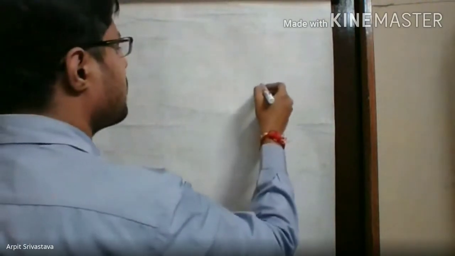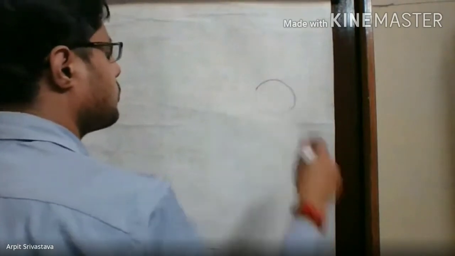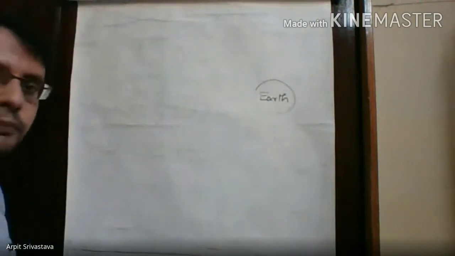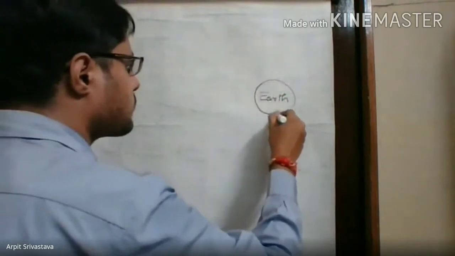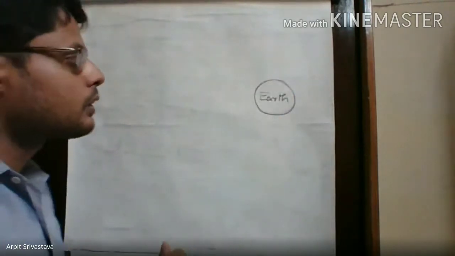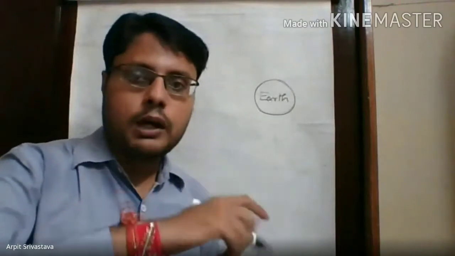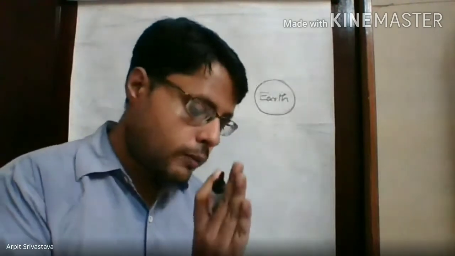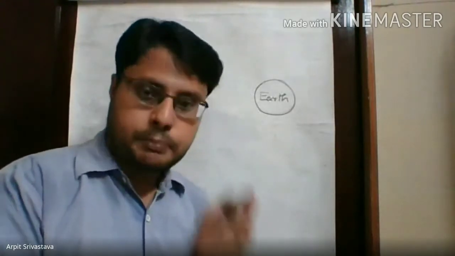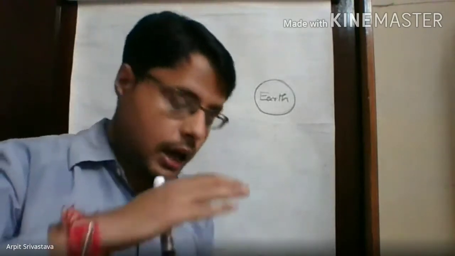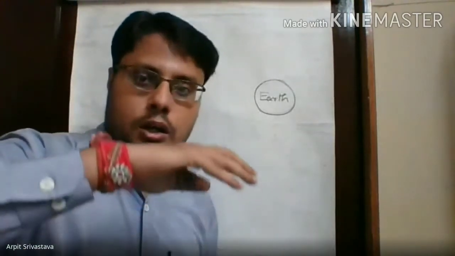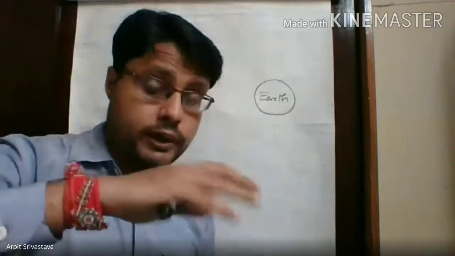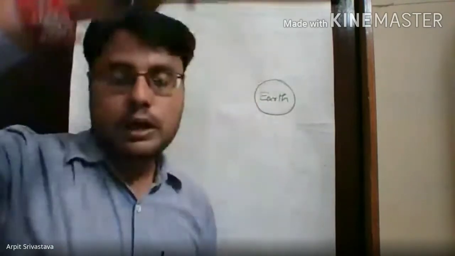Suppose this is the Earth surface. Okay, and there are some atmosphere layers above the Earth's surface. As all of us know, if we move from Earth's surface towards space, then the atmosphere layer gets lesser and lesser in density as we move in the upward direction from Earth's surface to space.